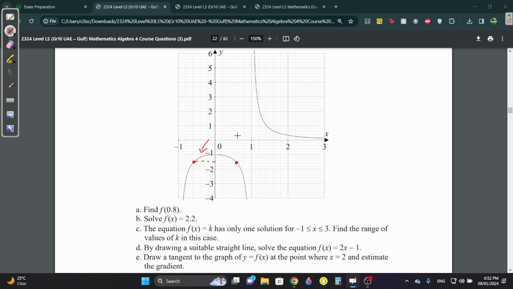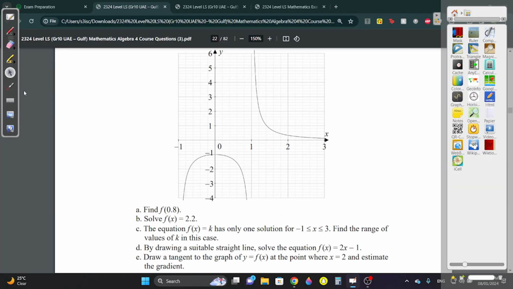But when y is greater than 0, so up here, there's only one solution. Look, for example, at x equals 2, there's only one. X equals 3, there's only one. Here, there's only one. There's no other answer, if you get what I mean. This part C is a dumb question, honestly.